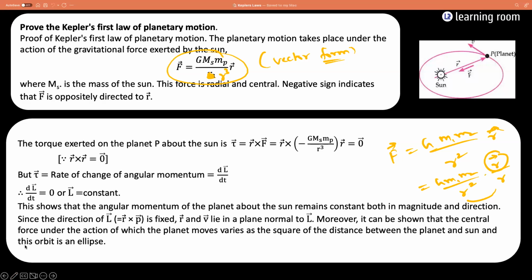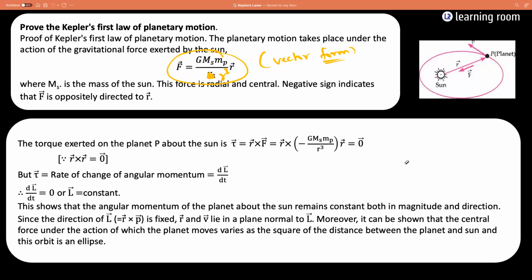So here I want you to take an important point. What are the steps involved in the proof? The first thing is, for the planet to revolve around the sun, you need a gravitational force, and its value is given as G Ms into Mp divided by r cube times r vector. The next question is, since it is revolving in a curved path, what about the torque experienced by it?